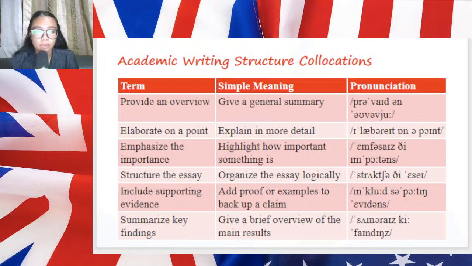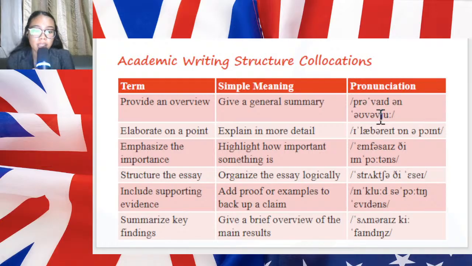Then overview, which has three syllables. We stress the first syllable here. The first syllable is o, simple o, so that's the stressed syllable. The second syllable is ver. It is soft and quick, with a short e vowel sound. And the third syllable is view. It is clear, rhyming with view. So that's overview.